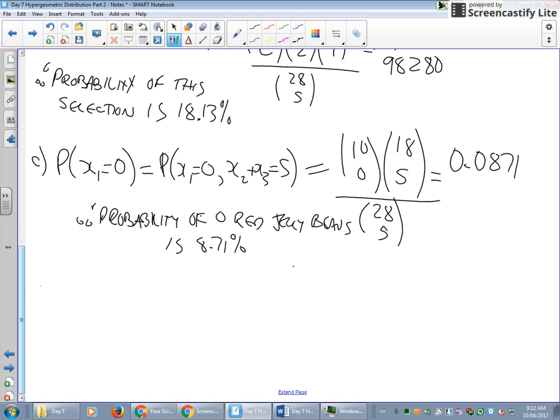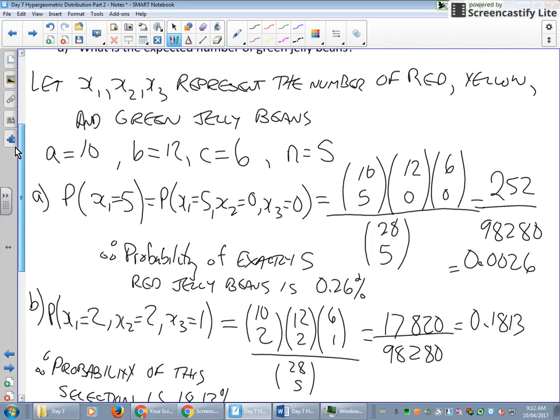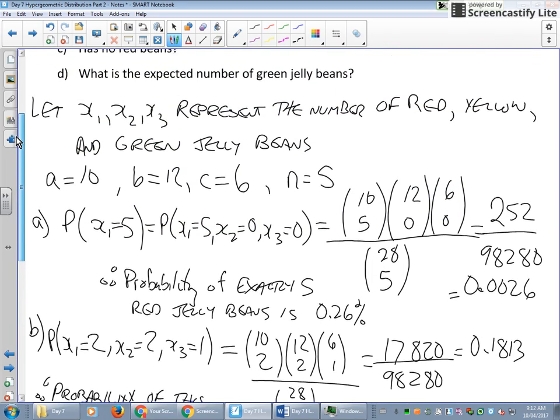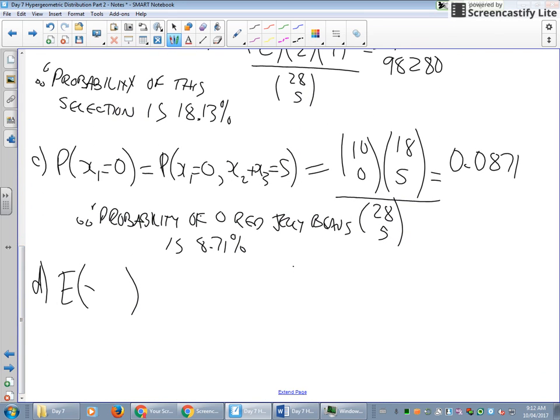And finally, we're asking for the expected number of green jelly beans. So in this particular case, our expected value for green is which x? X3. So we're looking for our expected value for x3, which is the number of green jelly beans.